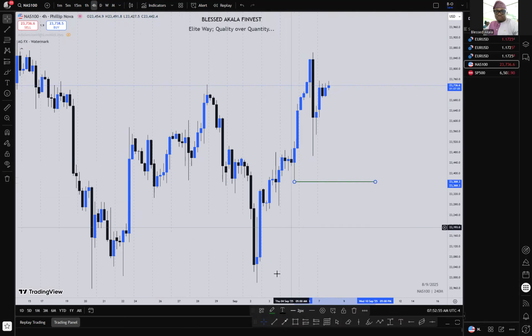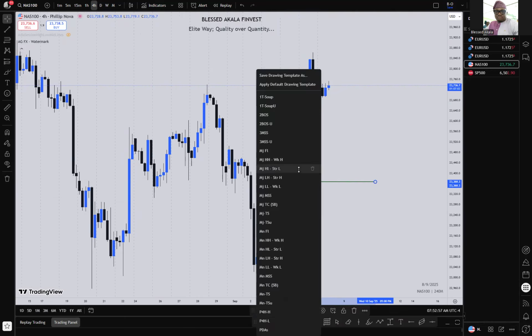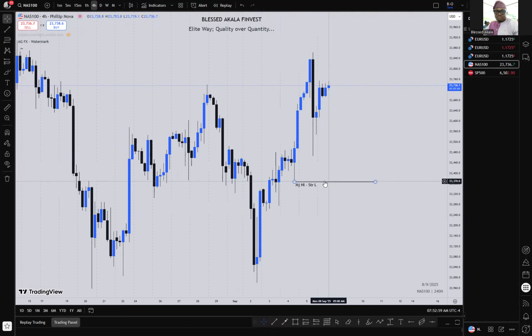So here is going to be our strong low, where we'll be expecting price to protect. We're expecting price to protect this level. And here is our strong high, a strong guy in the market, the strong guy that sent price breaking all these lows.